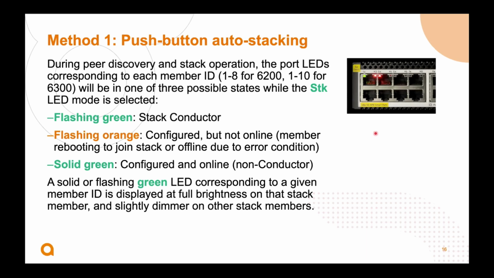So full brightness on that stack member, slightly dimmer on the others. So member 1, the flashing green LED will be slightly brighter on the physical switch operating as member 1 than on the other switches.